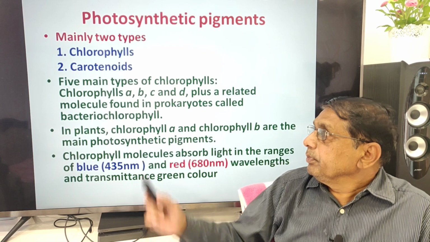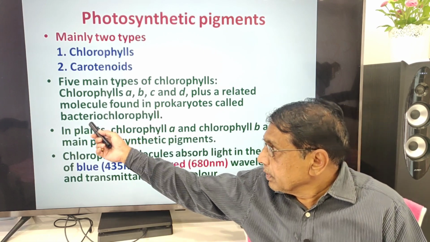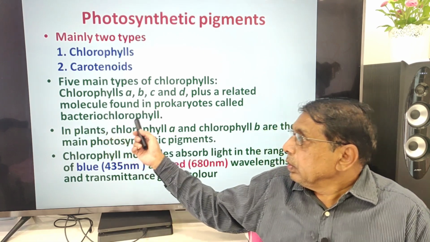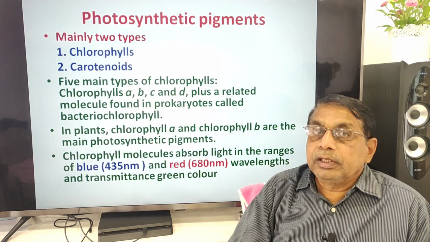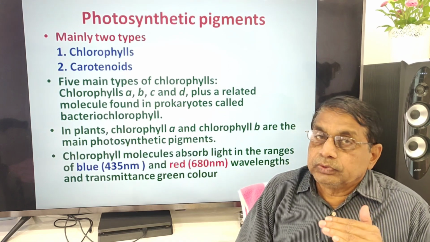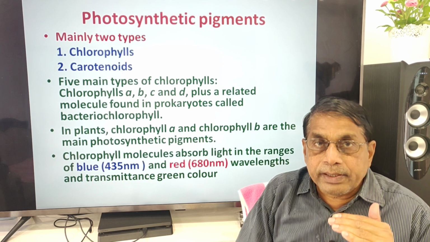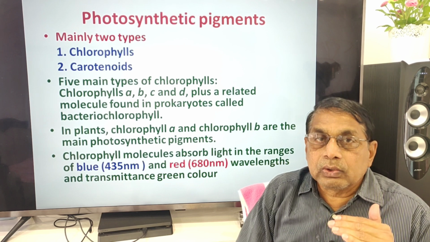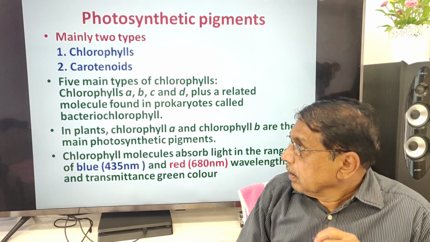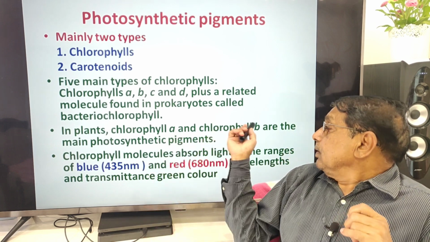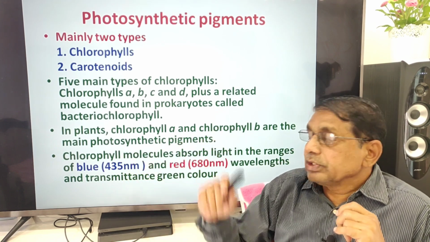In bacteria, besides these, there is a chlorophyll called bacteriochlorophyll, in bacteria only, not in higher plants. In plants, chlorophyll A and B are the main photosynthetic pigments.